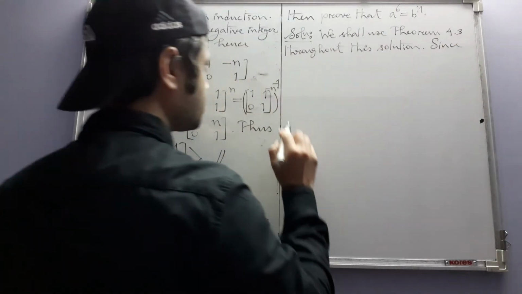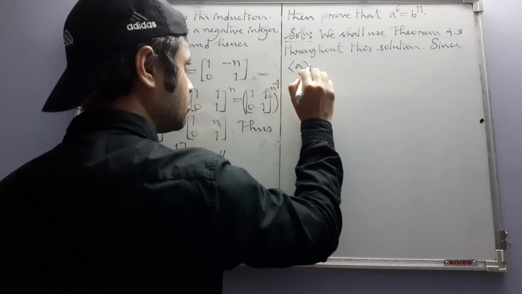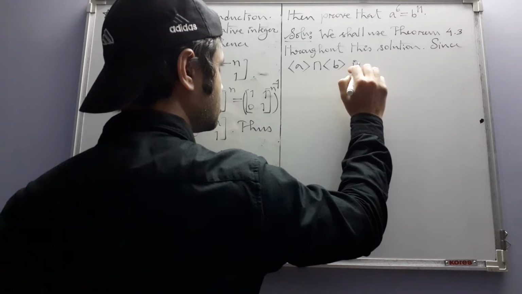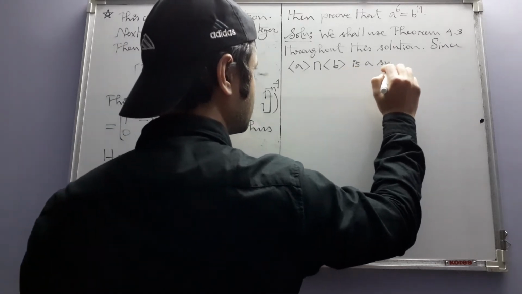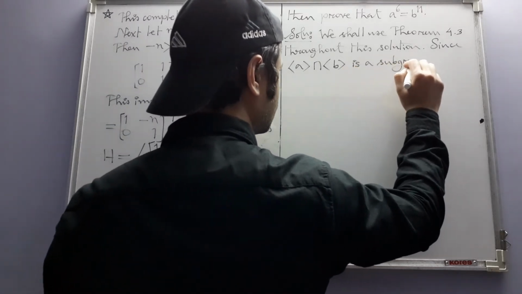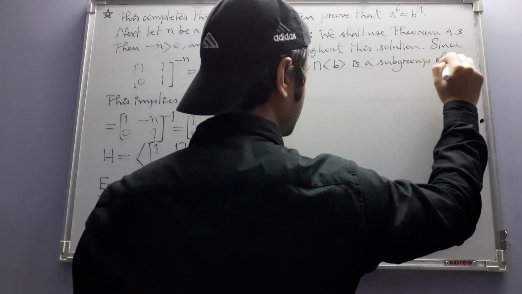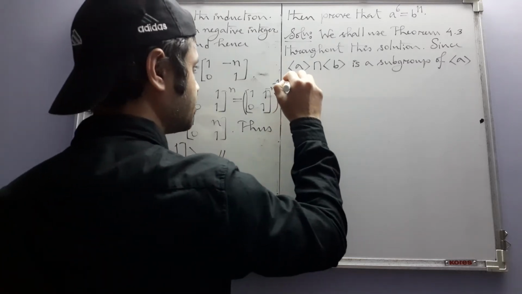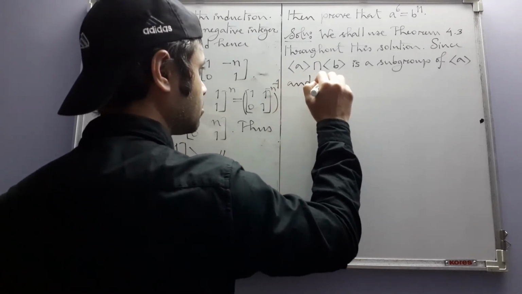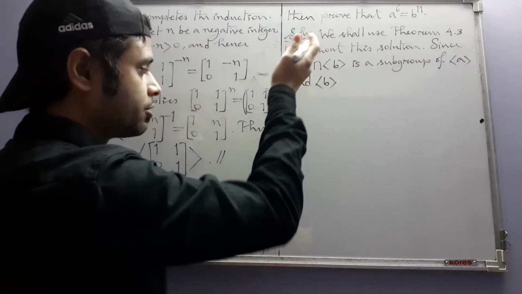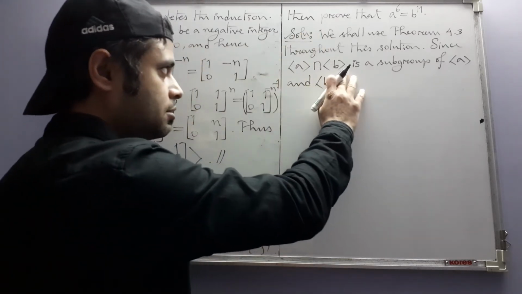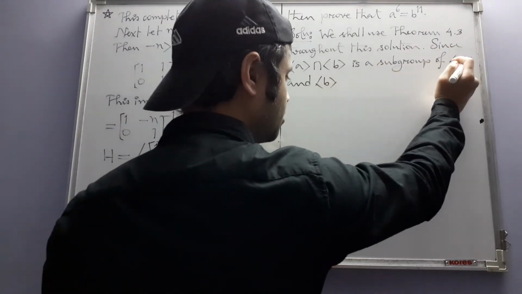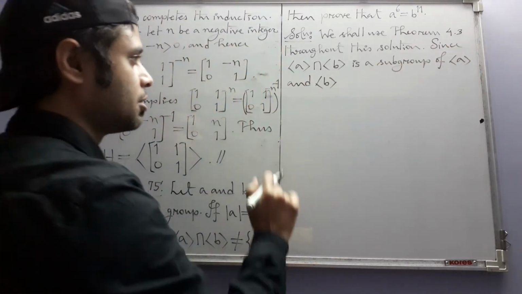Since this intersection is a subgroup of both the cyclic groups, by that theorem, the order of this subgroup will divide the order of this one and also the order of this one.